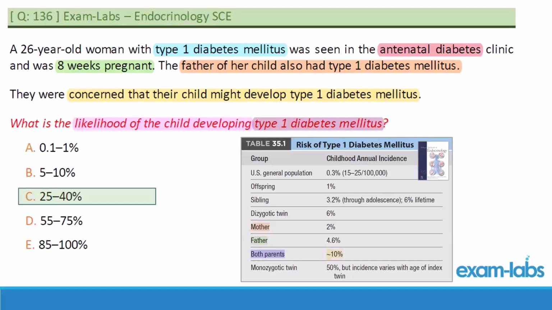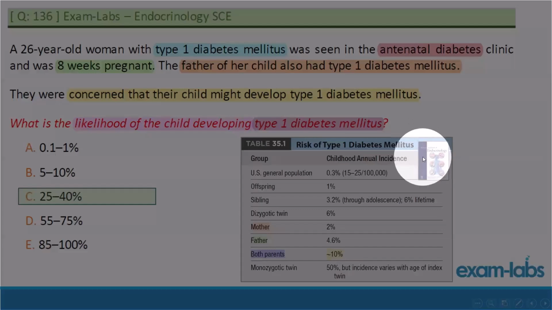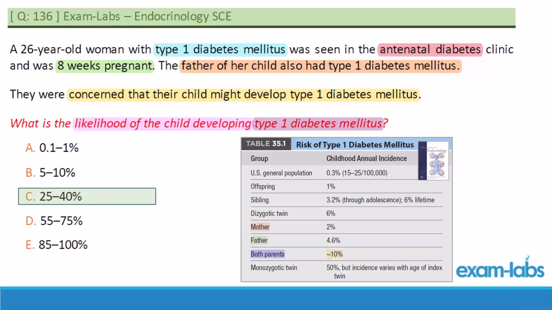But if you look in the Williams textbook, in the latest edition, they mention that the risk of type 1 diabetes mellitus if both parents have it is about 10%. So in the final exam, if we have a question like this, I will answer it according to the exam lab, because all the answers of the exam lab are correct for the exam.